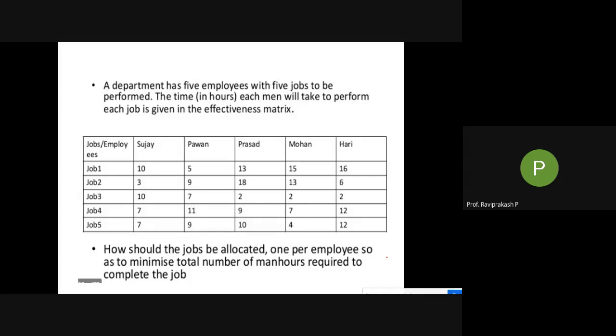How should the jobs be allocated, one per employee, so as to minimize the total number of man hours required to complete the job? Okay, this is the question given to you. Start solving.